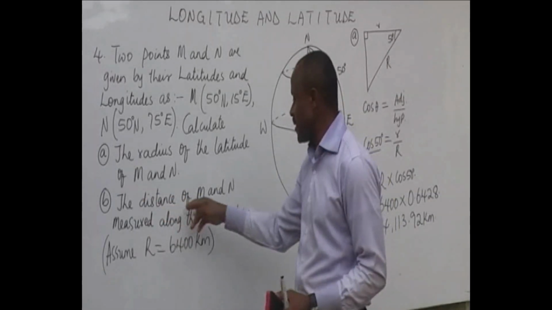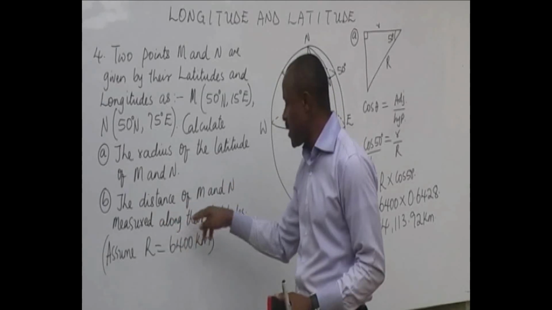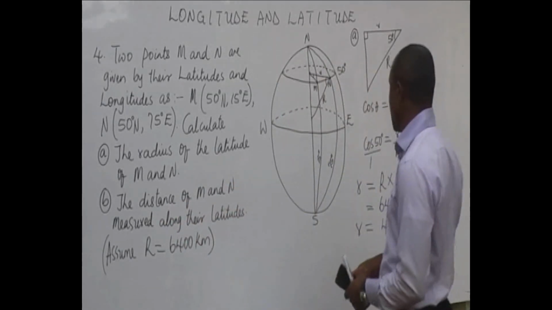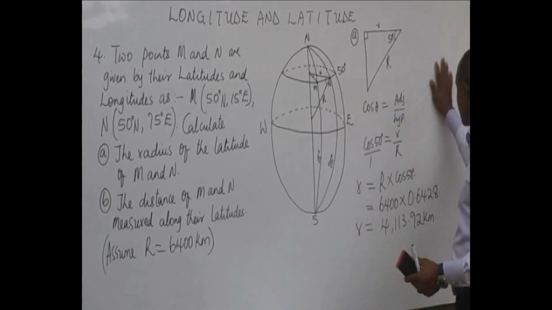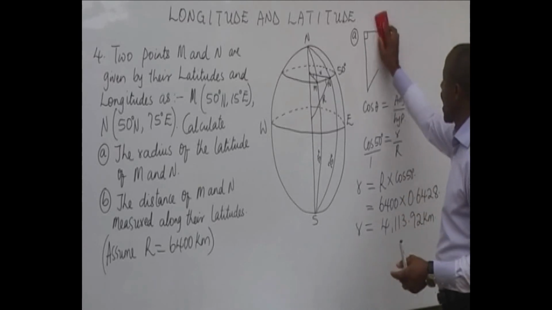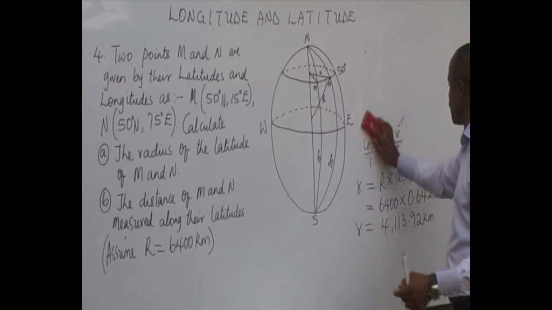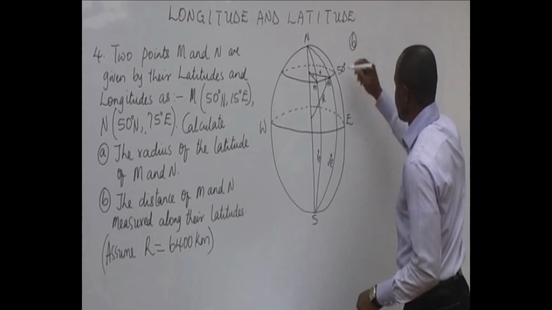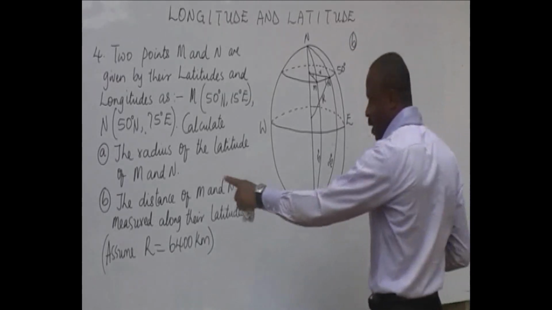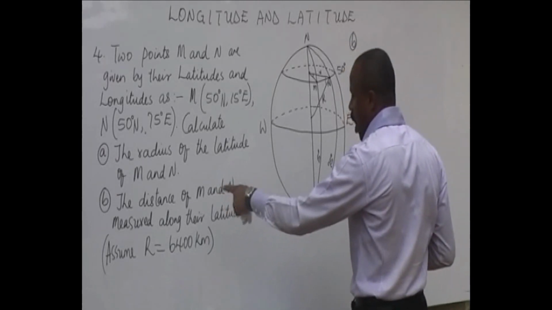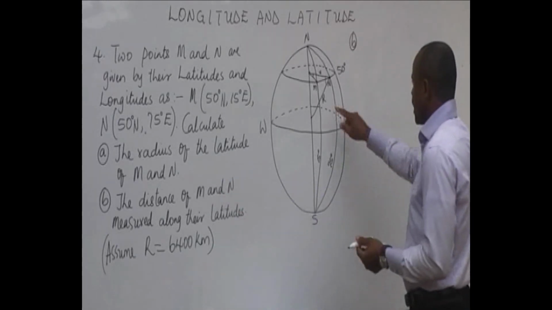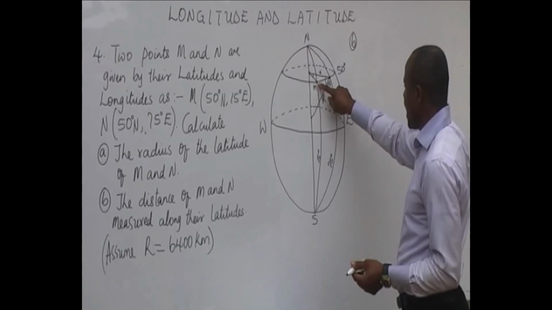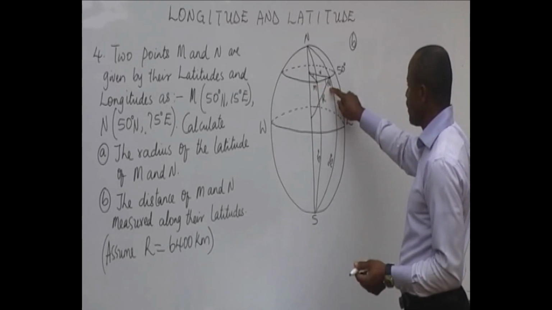Find the distance of M and N measured along their latitudes. We are going to clean up question number A because we don't have enough space to do question number B. When we clean up this, we will now do question number B. It's asking for the distance of M and N measured along their latitudes. It's simply asking for the length of arc MN.